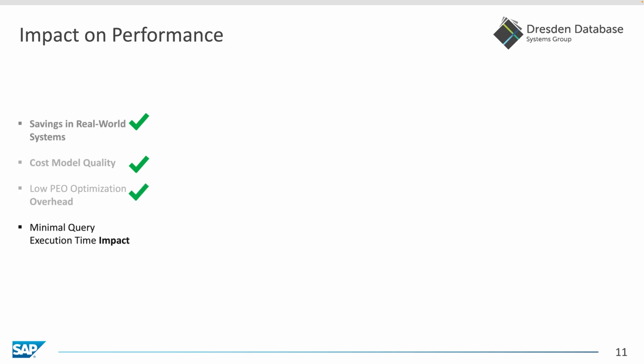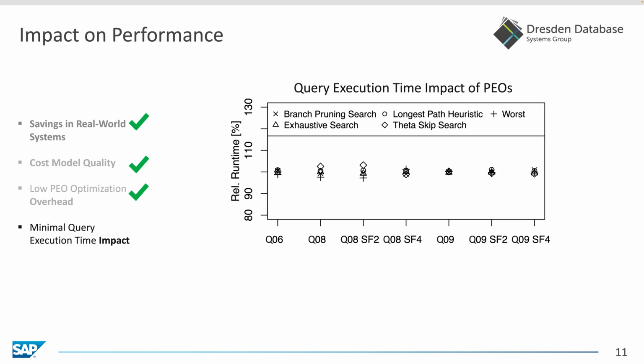And regarding minimal query execution time impact, we measured the average query execution times over all possible PEOs, and then put the PEO query execution times relative to this. And we measured end-to-end runtimes in this particular instance.